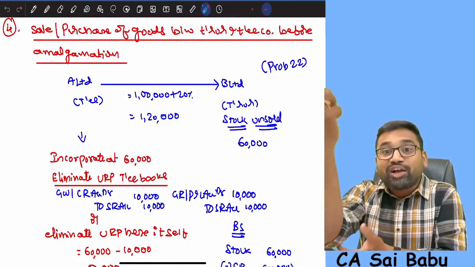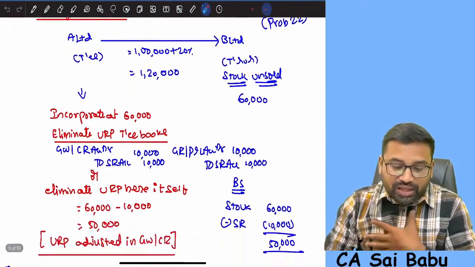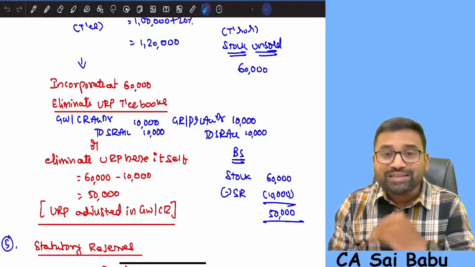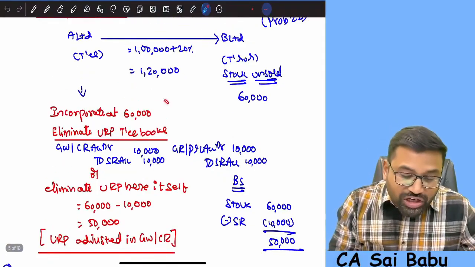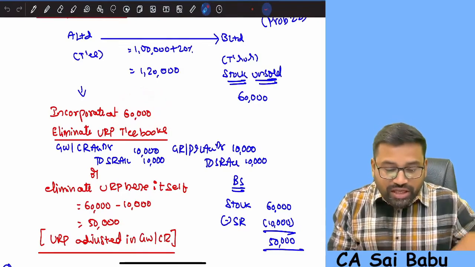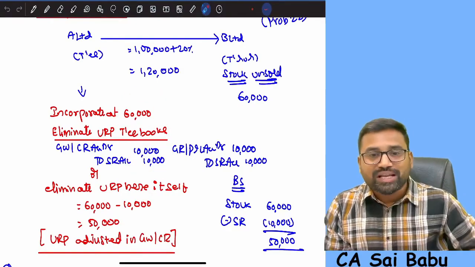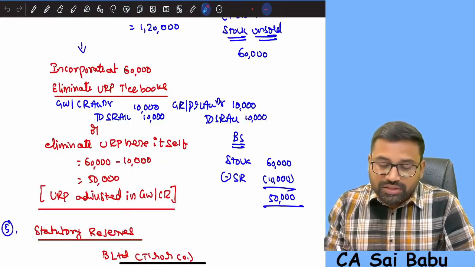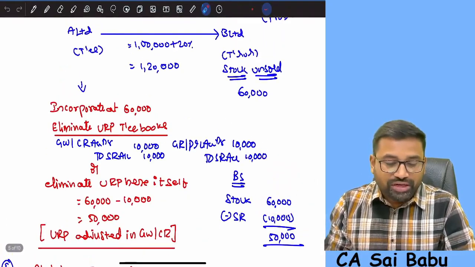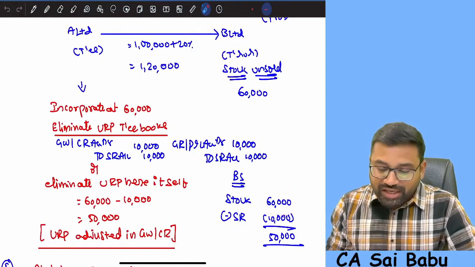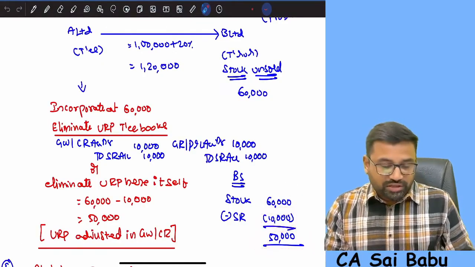Therefore, when we take over the stock of the transferor company, if you eliminate it at the time of takeover itself, there is no need to write a separate elimination entry. Suppose you incorporate the stock at the original value of 60,000, then you write a separate entry to eliminate the unrealized profit. When preparing the balance sheet after amalgamation, you take the stock of the transferor company at 60, less URP 10, so take 50,000 only.